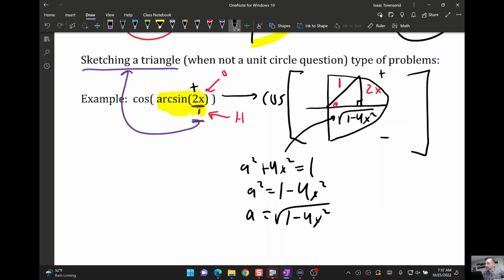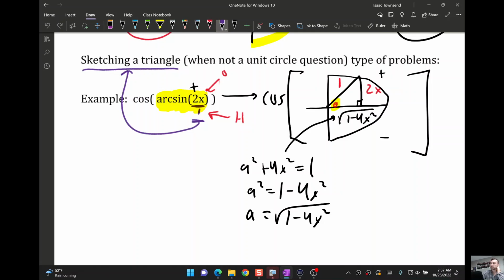SOHCAHTOA to finish. What y'all need to understand, though, is that because I can't give a numerical answer for this, either because it's in terms of x or it's a spot that I don't memorize, the best that you can do is draw a picture of it. This angle is the angle that has a sine of 2x. Its opposite over its hypotenuse is 2x.